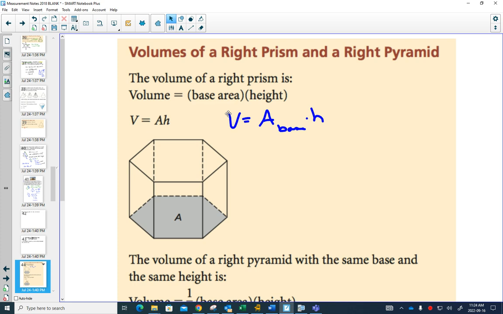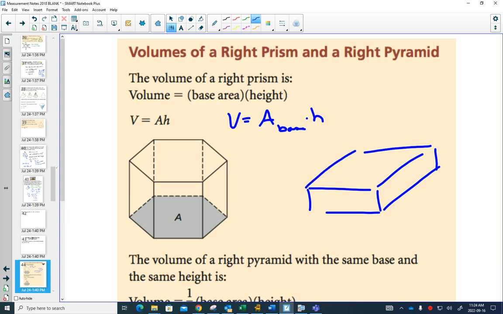Okay. Here's the visual for seeing the volume of a prism. Probably the easiest way to imagine it is using paper. When you buy a big stack of paper, it makes a prism.